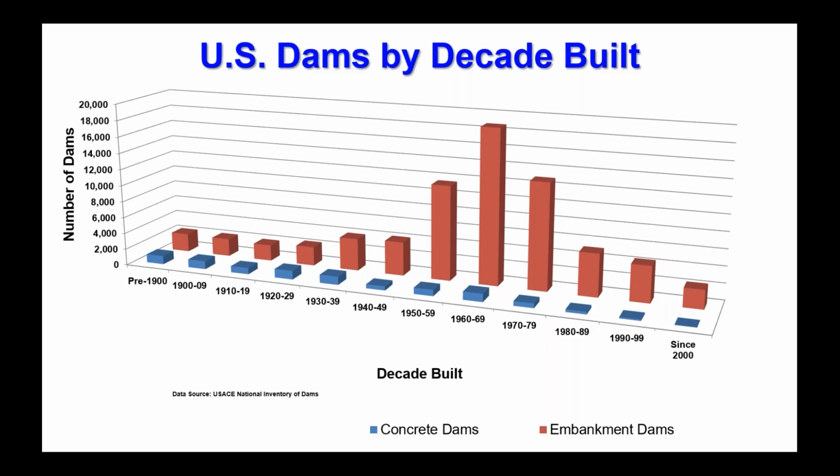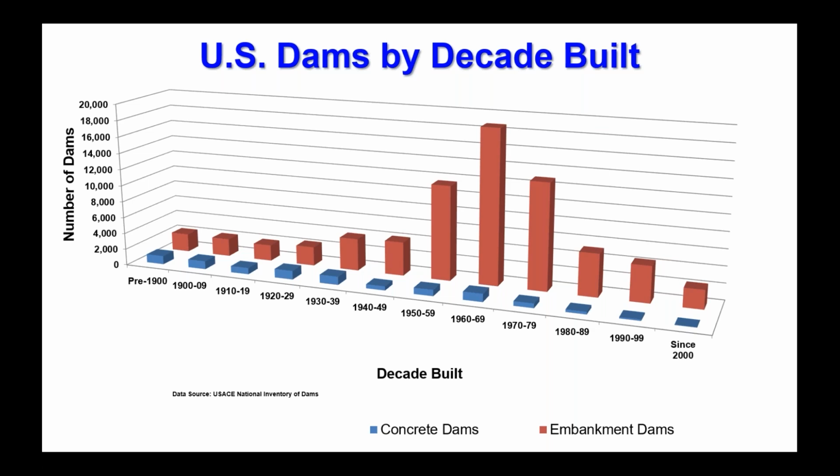Just one other statistic about dam building, the graph here divides dams into two categories, those that are made out of concrete type materials and those that are made out of earth materials or earth embankments. So the red are the earth embankments, the blue are the concrete dams.